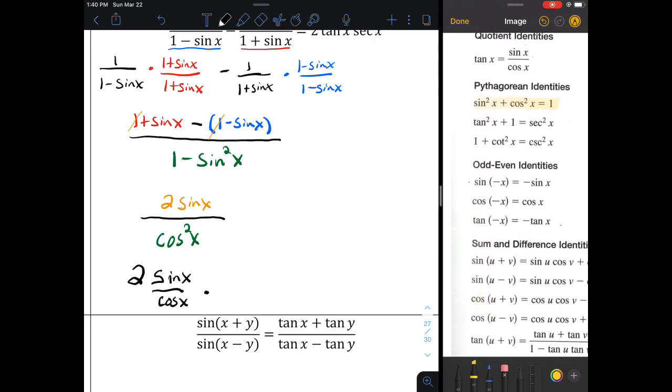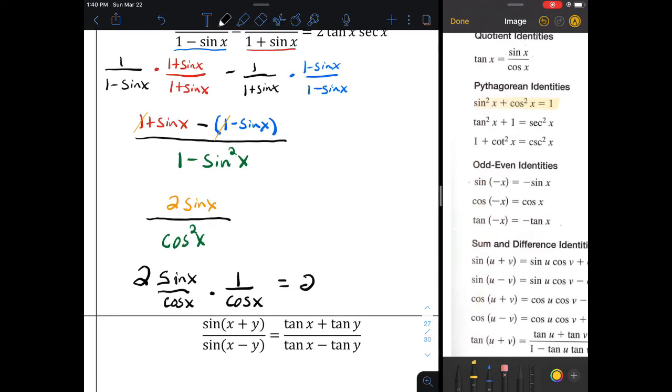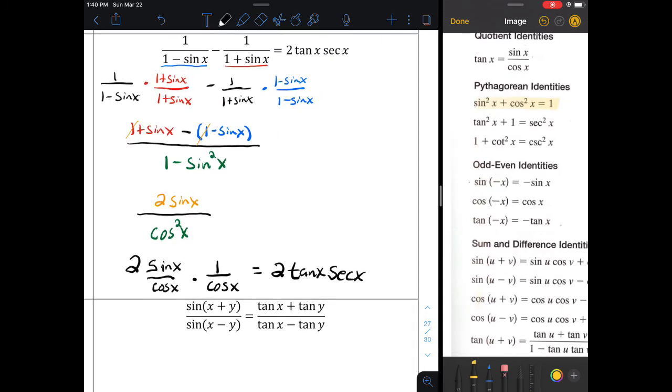And I still have another cosine that needs to go down there because it was cosine squared. So times another 1 over cosine x, which would create 2 times tangent x secant x. And that is my right-hand side. All right, so proof completed there.